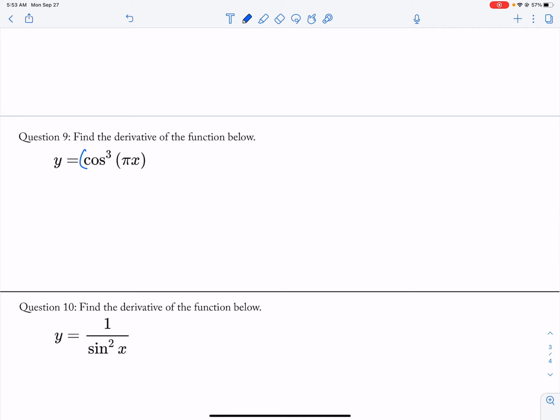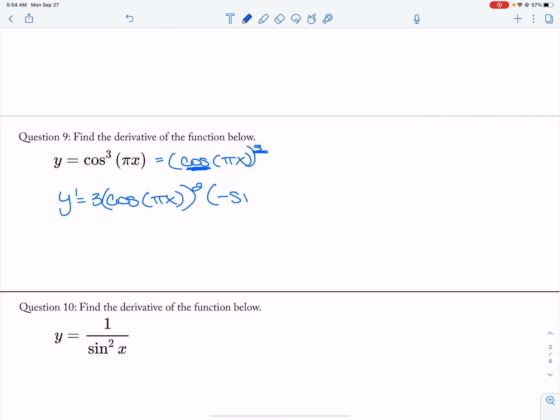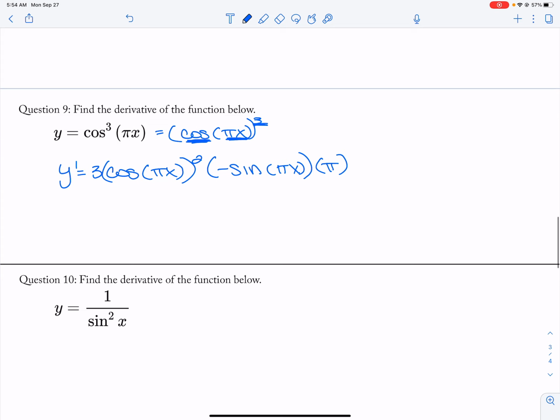9, same idea. This is the cosine of pi x, the quantity cubed. This is double chain rule, meaning I have to do chain rule twice. So I bring the 3 down, cosine of pi x, and then this is to the second power. The 3 was the outside. The next inside is cosine, which gives negative sine of pi x, and then one more inside, which is the derivative of pi x, which is just pi, because remember pi is just a constant.